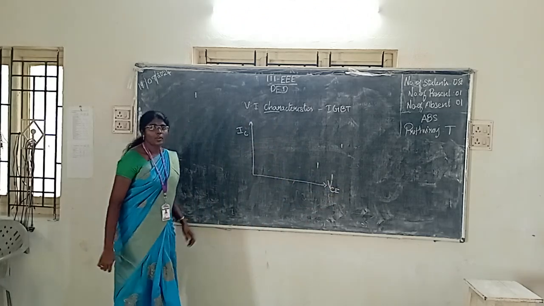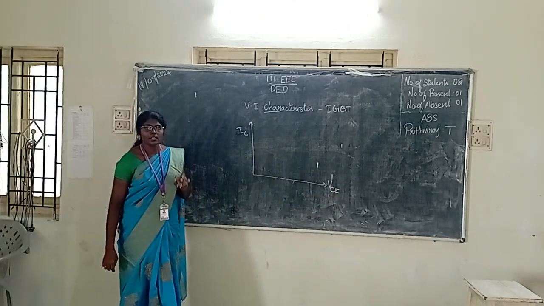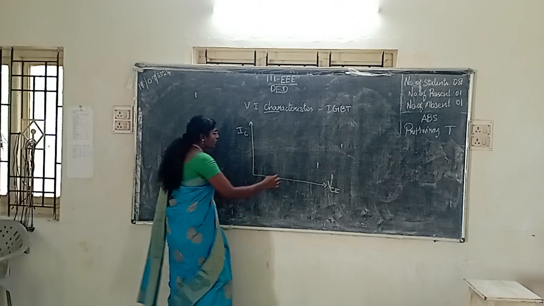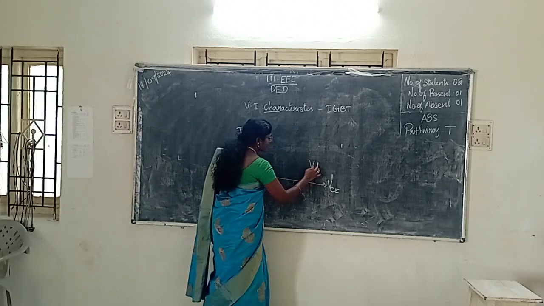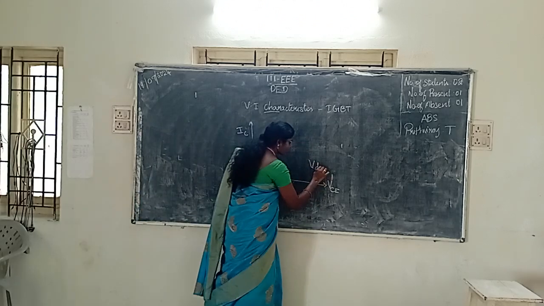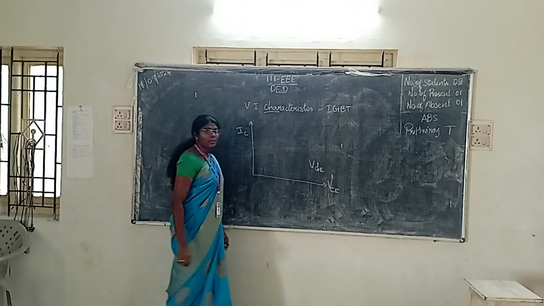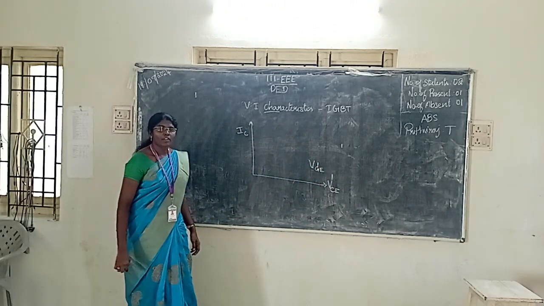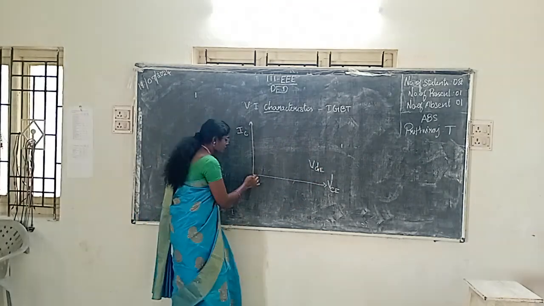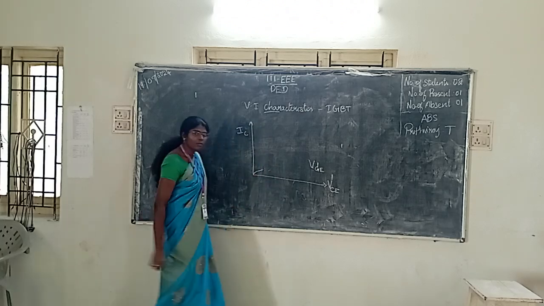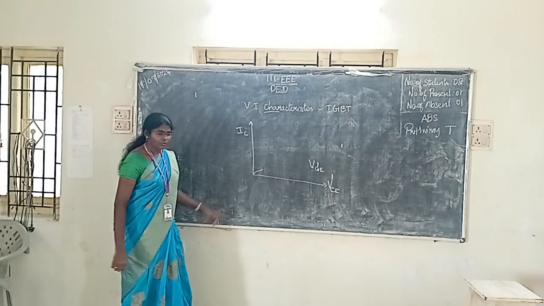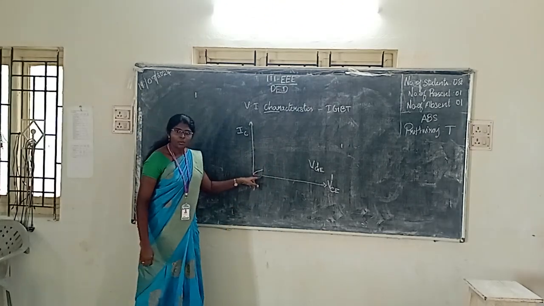Who is going to control this? The gate voltage, VGE, with respect to the emitter terminal. Initially, due to some leakage current, there will be some rising current.